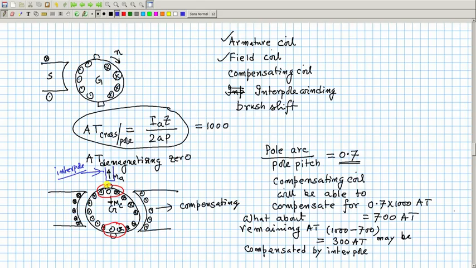Therefore, I am repeating what I have done in this slide: there is no brush shift. The machine is here, field coil, armature coil. Then I know there are cross ampere turns per pole in total, and it deforms the field form.